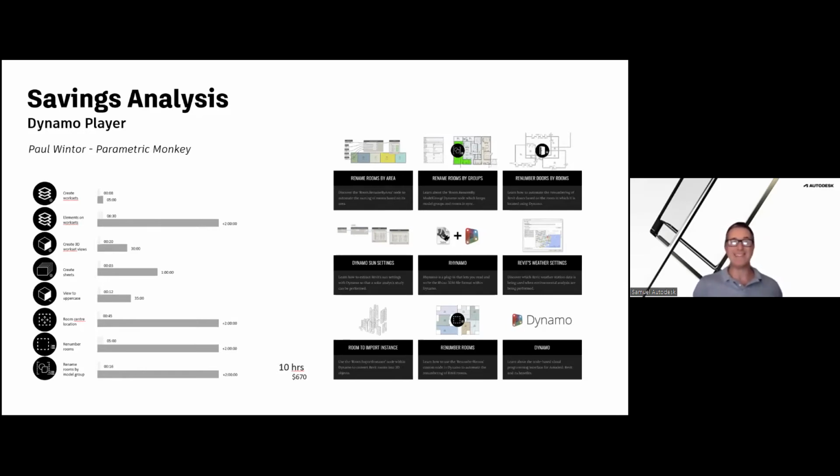So instead of having to set up sheets or change text from lowercase to uppercase manually, he has all these fantastic scripts which you can access, and it will allow you to reduce the time doing these manual things on an architectural project. So 10 hours, he's got some calculations here for the fee scale here in Australia. He can save $670 by just using these scripts to automate some of these workflows.